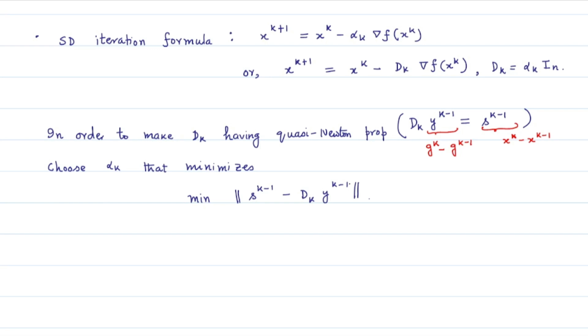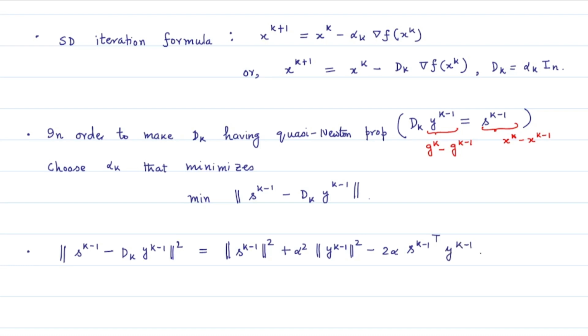To find a minimum value of this norm, we consider the square of this norm and look at the expression. We will find that this is equal to the norm of s_{k-1} squared plus alpha squared times the norm of y_{k-1} squared minus 2 alpha times s_{k-1} transpose y_{k-1}.